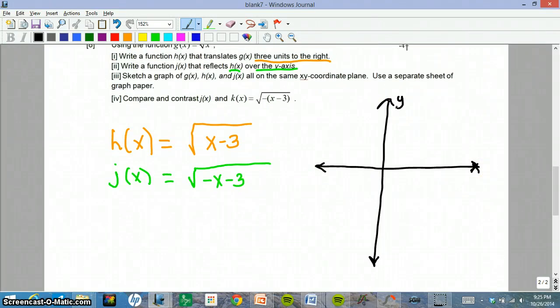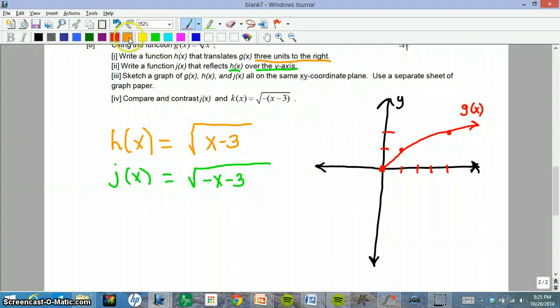So g of x was the parent function, square root of x, so 0, 0, 1, the square root of 1 is 1, 2, 3, 4, the square root of 4 is 2. And make that look like the shape it's supposed to look like. So this will be g of x.